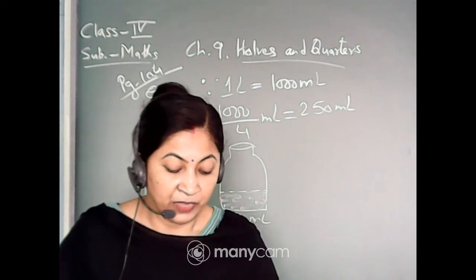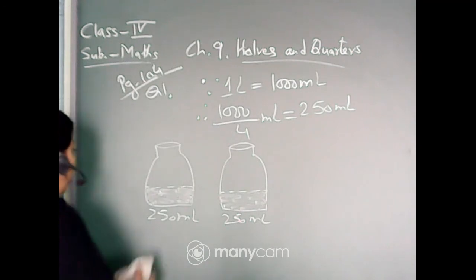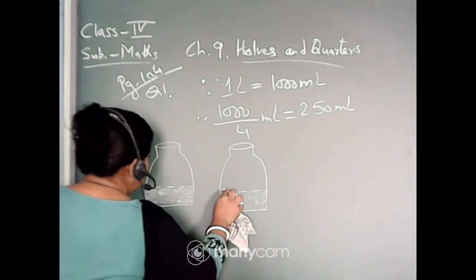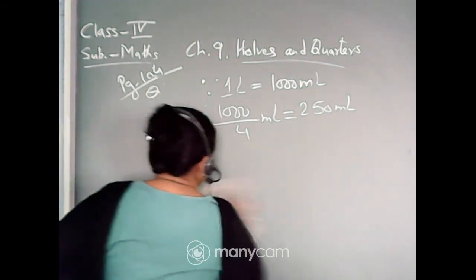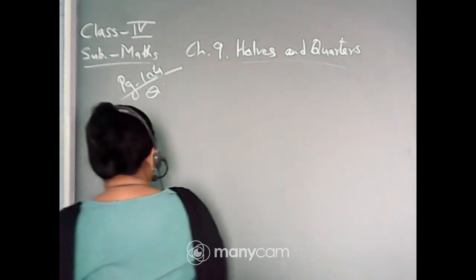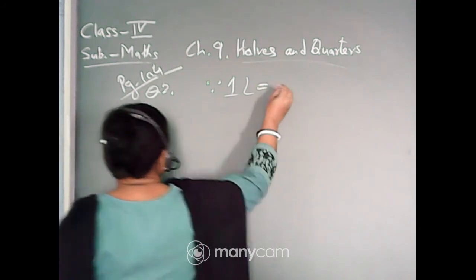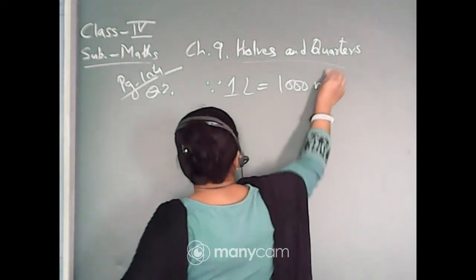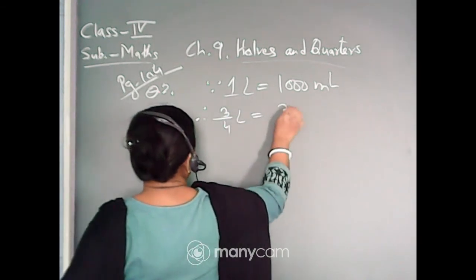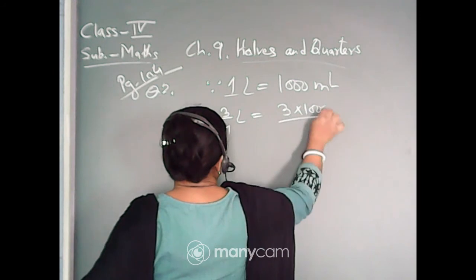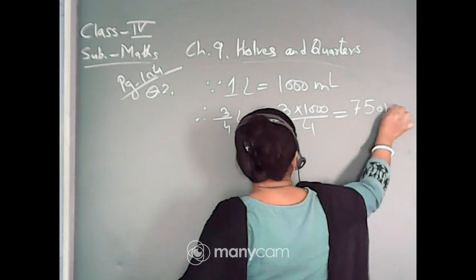See the first question. Shade the level of milk in each bottle. So you have to shade the level. See, I'm doing the second one. It is given that since 1 liter is equal to 1000 milliliters, therefore 3 by 4 liter is equal to 3 into 1000 divided by 4, that is 750 milliliters.